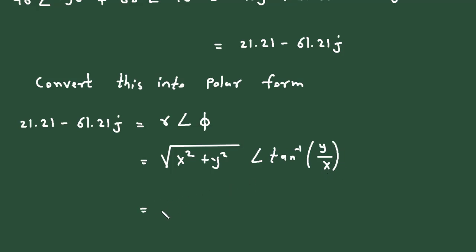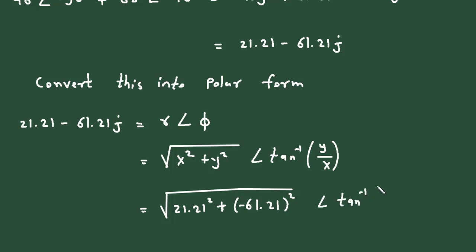So under root of, the value of x is 21.21 square plus the value of y is minus 61.21 square at an angle tan inverse of y by x. So y is minus 61.21 divided by 21.21.